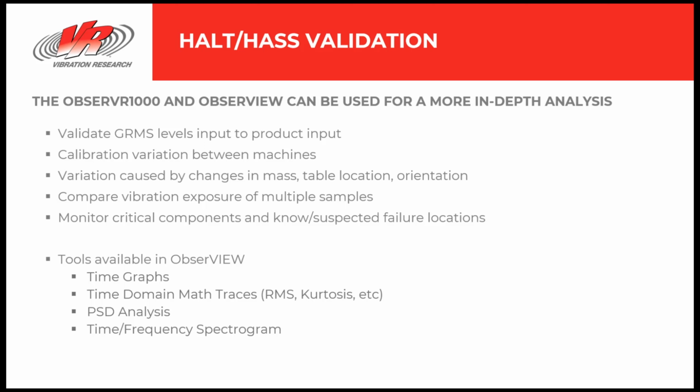In the newer software that's not released yet, but we have a beta, math traces will work in the time domain, so you can calculate an RMS time graph that shows you RMS versus time. This could be used to map out different machines and locations on the machine. You can measure changes to the table response based on changes in mass or table location or orientation.